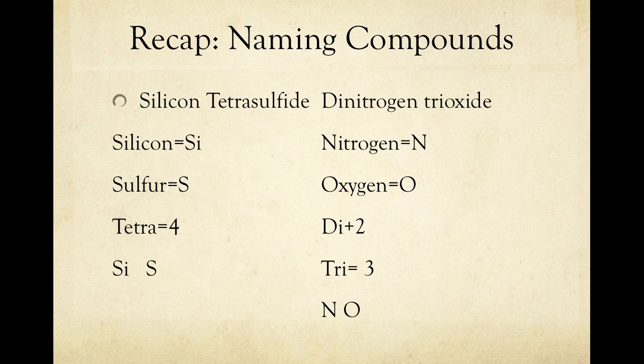Before we get into balancing equations, let's do a quick recap of our prefixes. So we have silicon tetrasulfide. First we want to identify the symbol for silicon, which is our first element. Silicon is represented by Si, and there's only one atom of silicon, so we just leave it as Si because the one is understood.